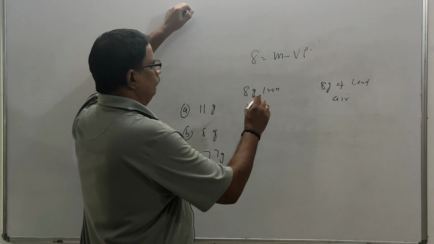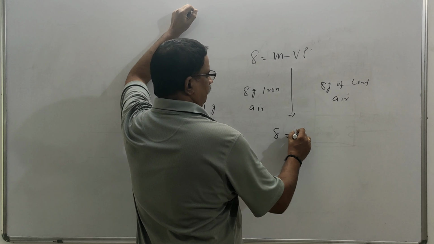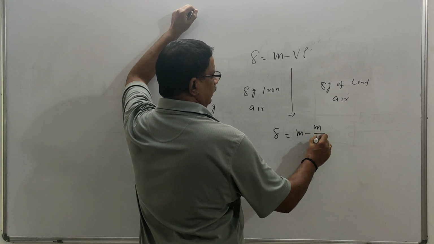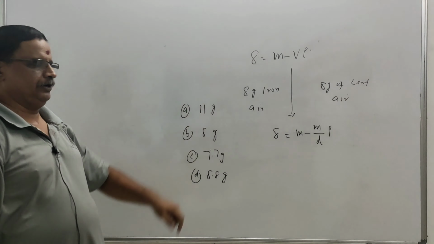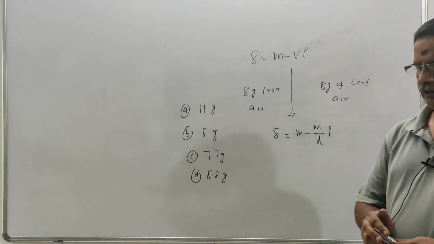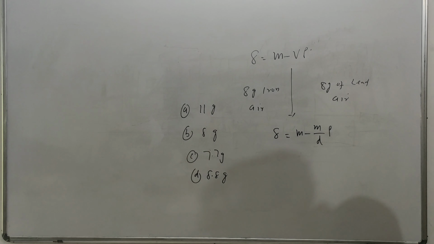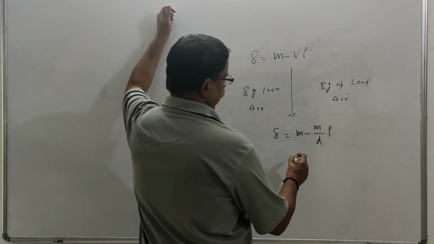So how do you find the volume of the lead shot? 8 equal to m minus mass by density into rho. Don't put rho here because they are entirely different. Volume of lead means mass of lead by density of lead. This rho is the density of water. Take m outside, substitute, you will get the answer.